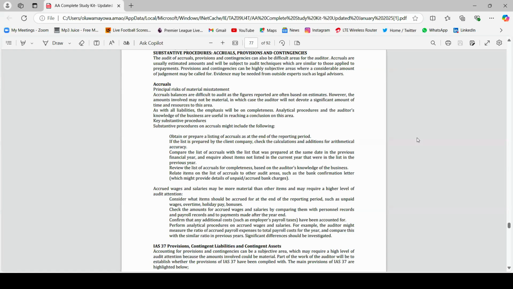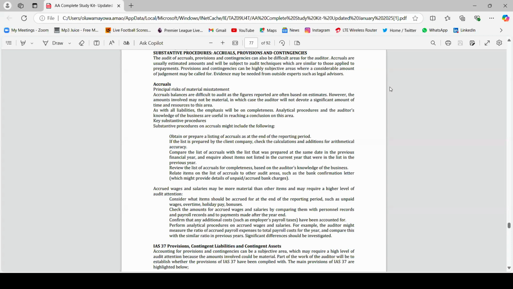So, substantive procedure, like I was saying, the first procedure is to obtain a listing of the provisions that have been made in the financial statement. Now, based on the list that you have obtained, you now want to check that the provisions that have been made by the client are in line with standard.